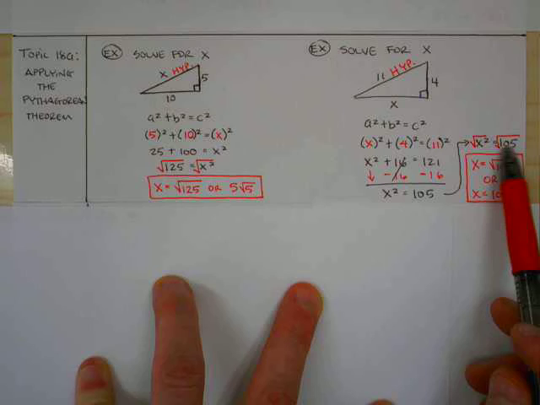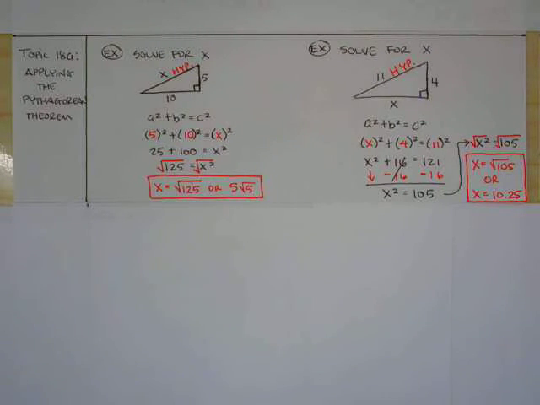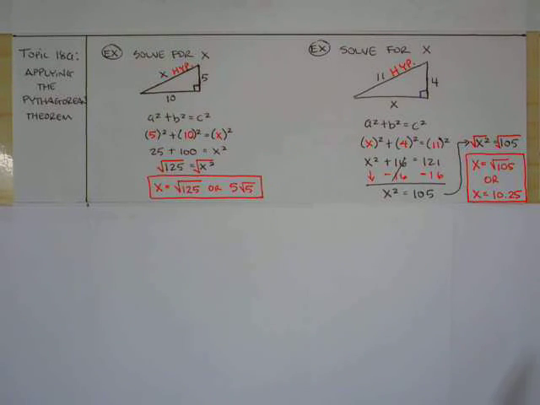Take the square root of both sides of that, and you get x equals the square root of 105, or x equals 10.25, because there is no way for us to neatly simplify the square root of 105 as a radical. So you would most likely want to give your answer for a question like this as a decimal, unless there were instructions that said you can leave it like that.